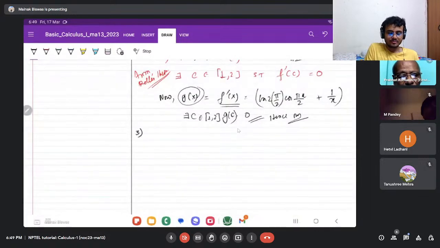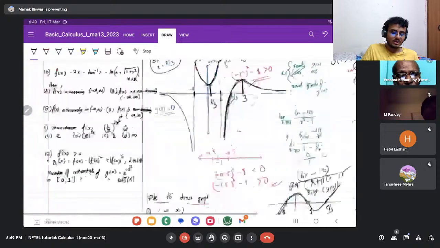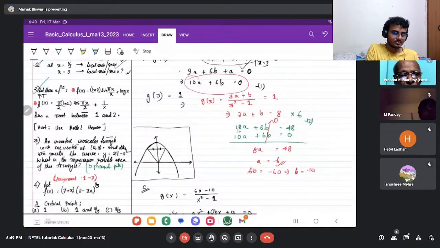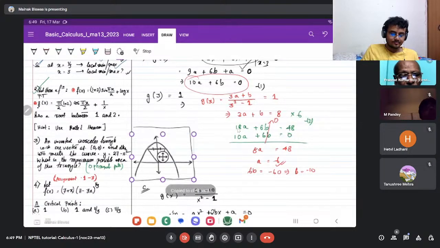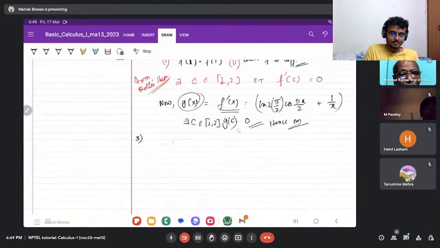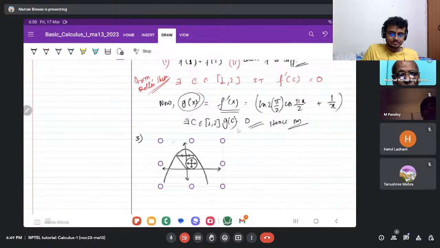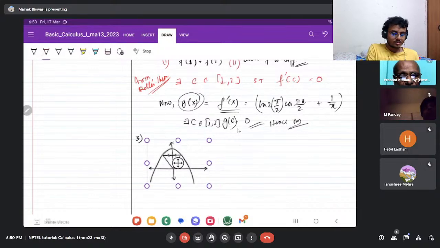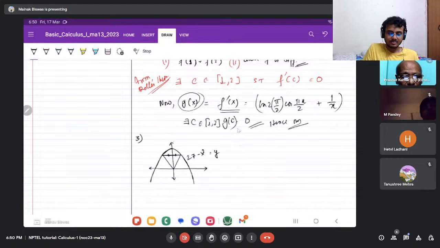Number 3, it said something like this. Let's copy the diagram that I have drawn. This is 27 minus x square is y. Do you agree? 27 minus x square looks like this. It's an inverted parabola shifted up.